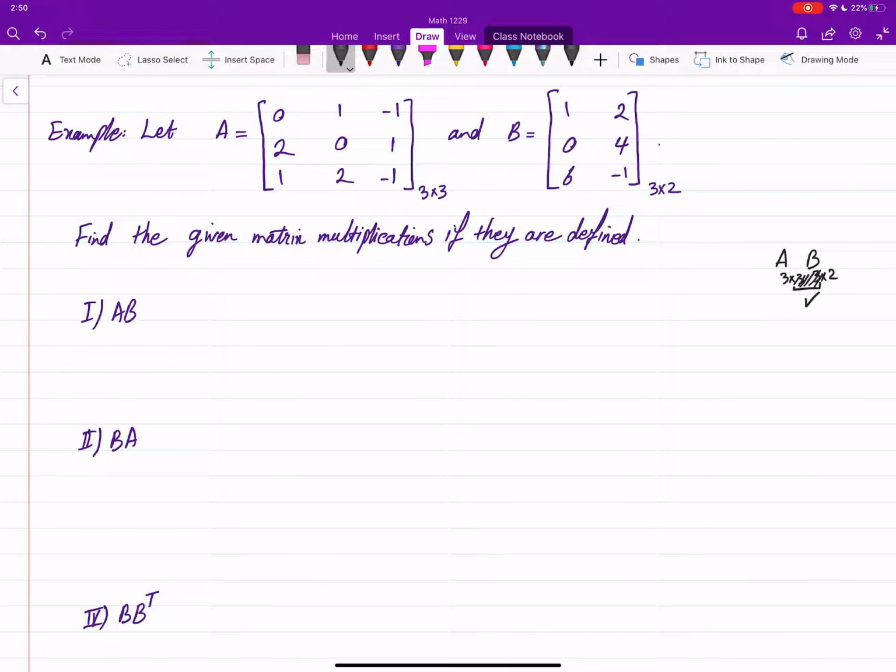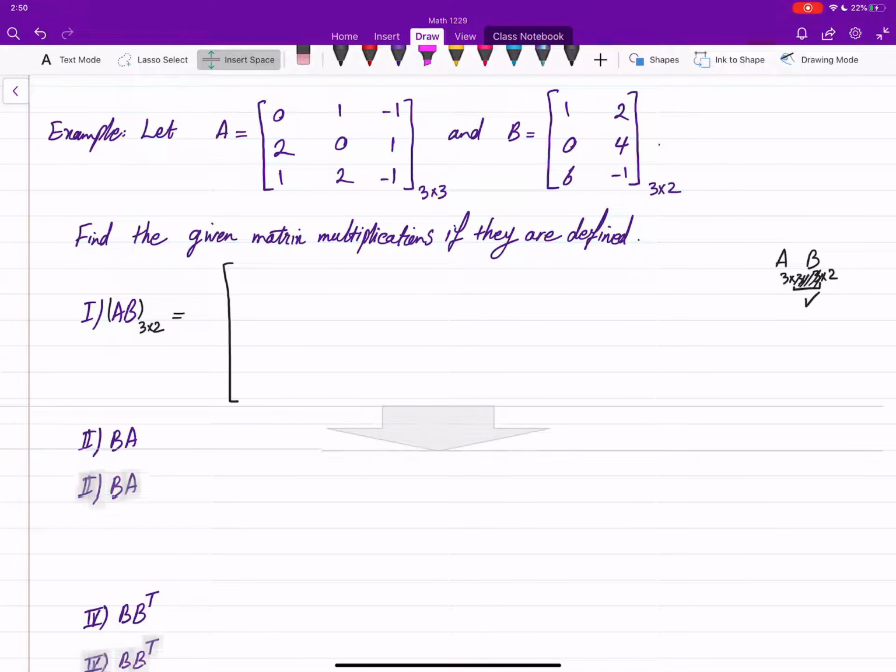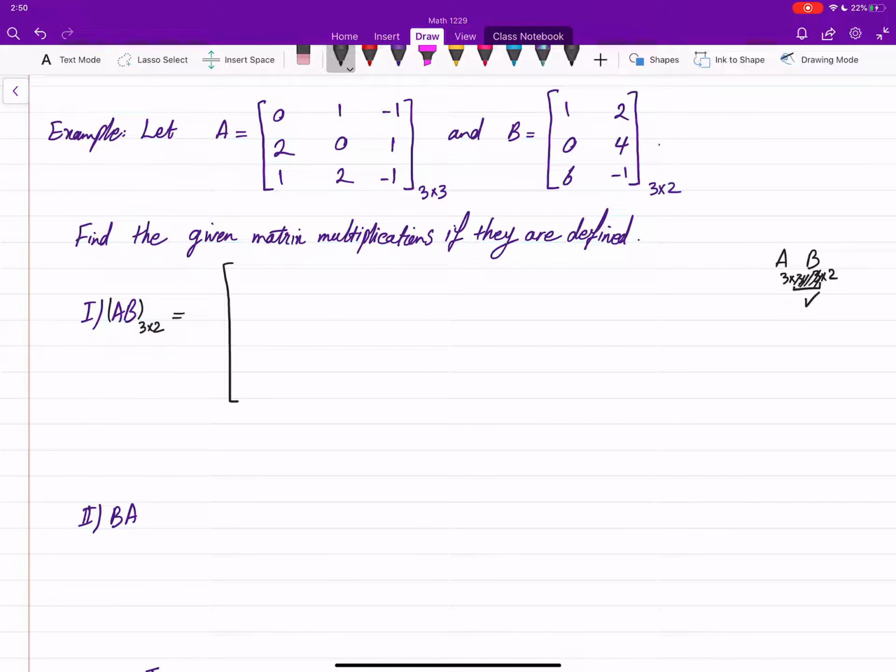That means it is defined, and the result is going to be a 3 by 2 matrix. 3 by 2 means that we will have three rows and 2 columns.